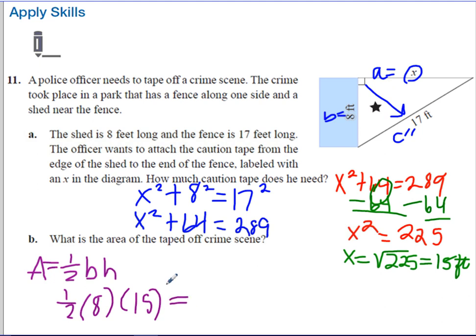And half of 8 is 4, and 4 times 15 would be 60. And this is area, so we have square feet. So the length around would be our 8 feet and our 15 feet for our legs, 17 feet for our hypotenuse, and then the area inside a triangle is 60 square feet.